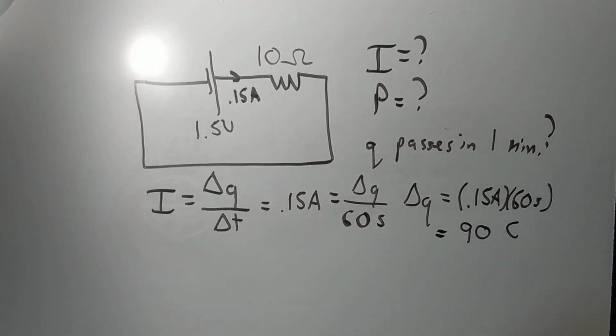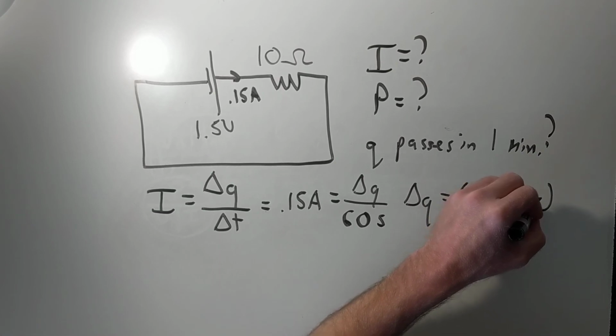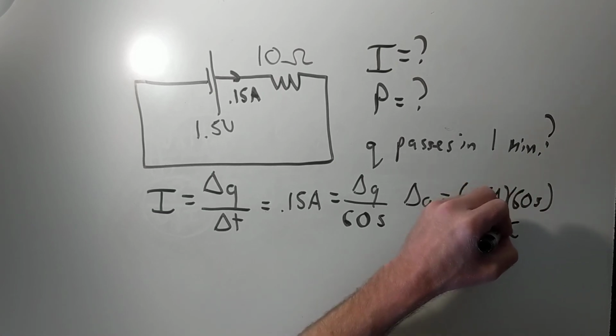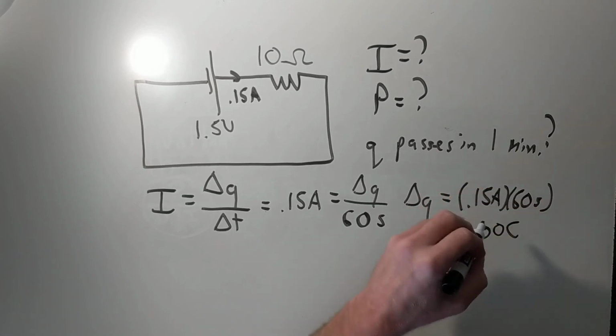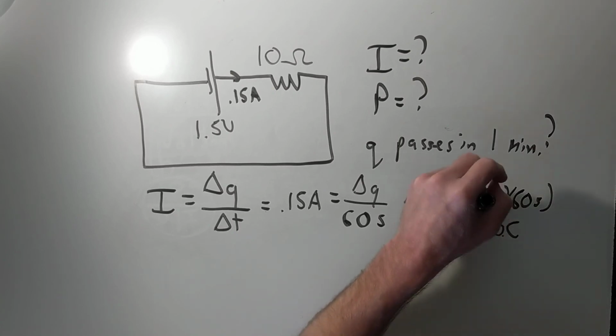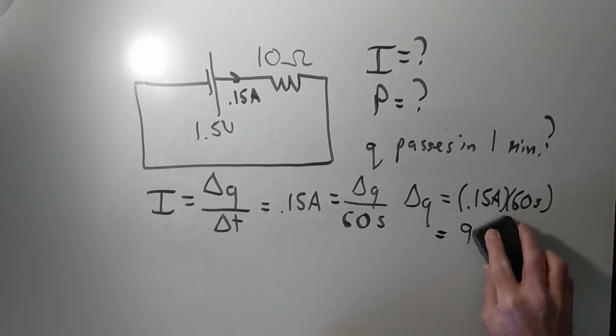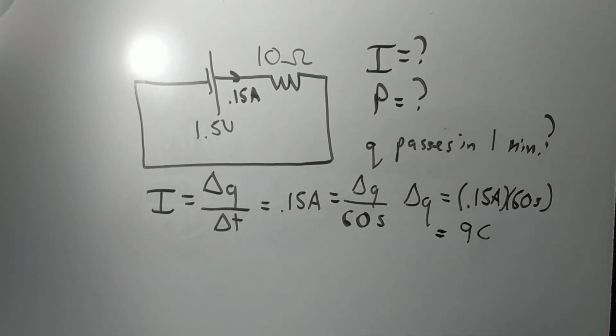We'll put coulombs there, but we're not quite done because we have 1 extra 0 because of the 60, but then we have to take 2 away because we are 2 decimal places back, so 1, 2. So this should be 9 coulombs. So we would get 9 coulombs to pass by. That's a lot of charge from such a small battery, but remember, this is allowing quite a bit of charge to actually flow once this starts.